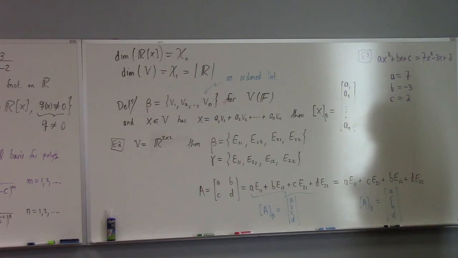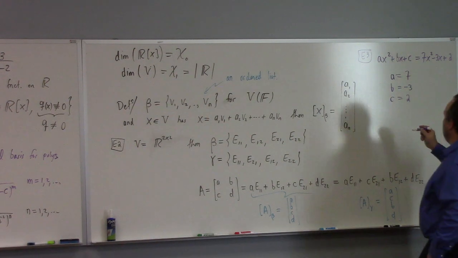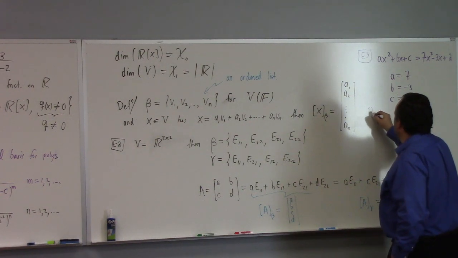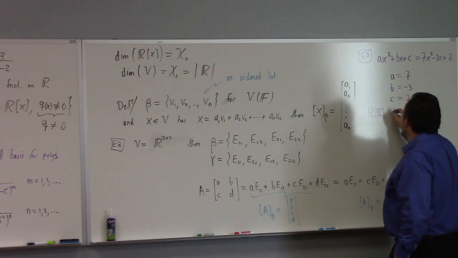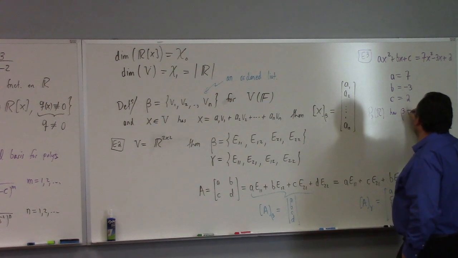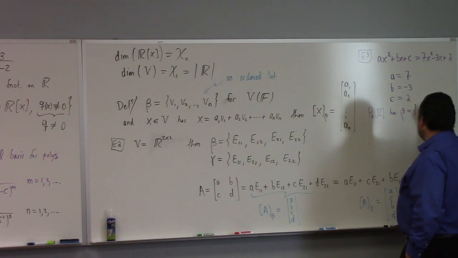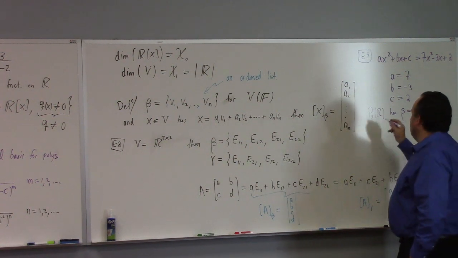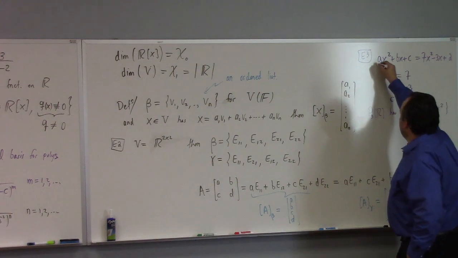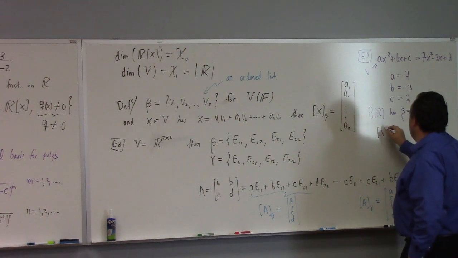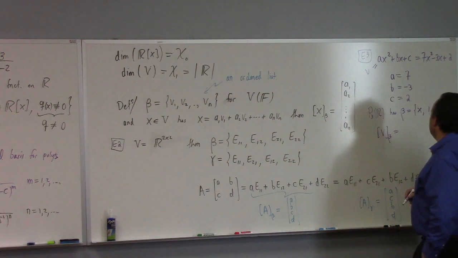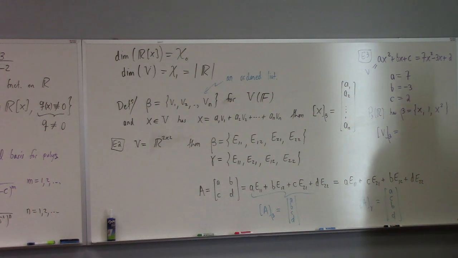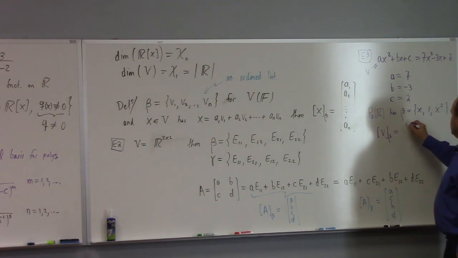You are. So if I say P3R has beta equal to x, 1, x squared, because I'm weird, and I call this thing V, what's the coordinate vector of V in this case? -3, 2, 7. Very good.